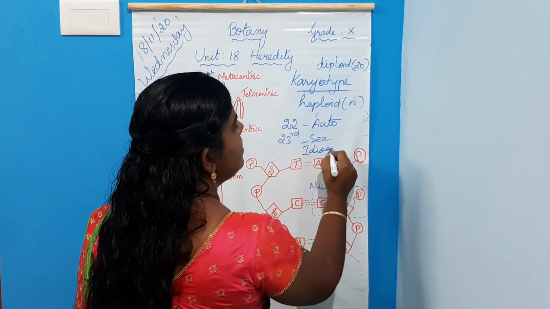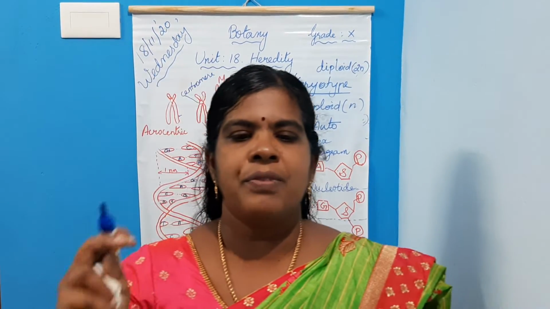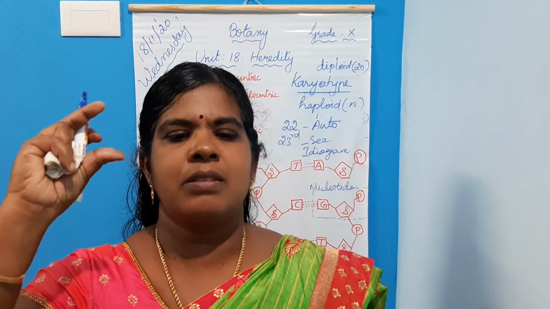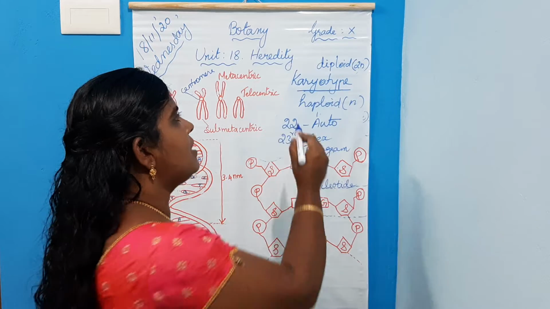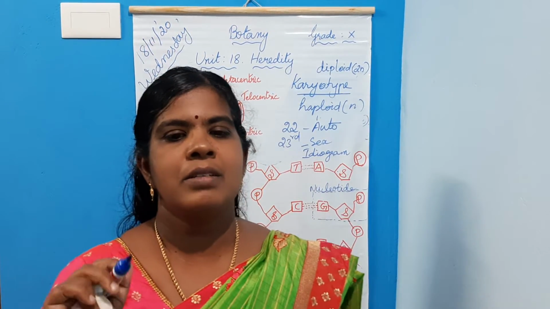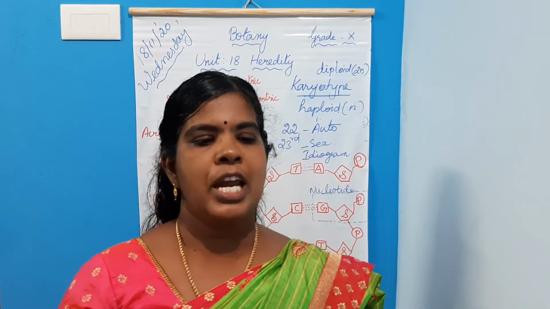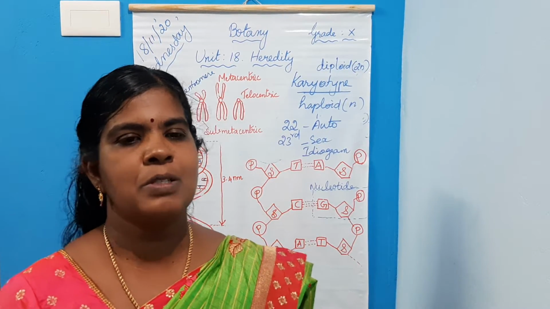Ideogram is the diagrammatic representation of what? The karyotype of a species. You know what is karyotype, isn't it? Karyotype is the shape, number, and position of chromosomes.